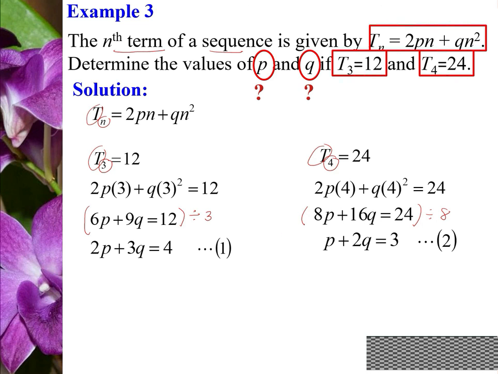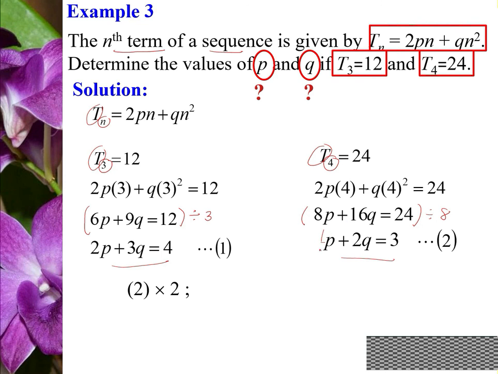Okay, so since we have two equations, we can solve them simultaneously. Compare the second equation with the first equation. p is 1 here, but p here is 2. q here has 2, and this q has 3. So remember, to solve equations simultaneously, we want to eliminate one of the variables.